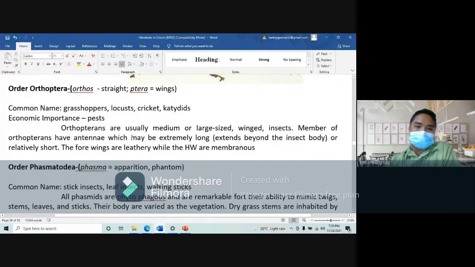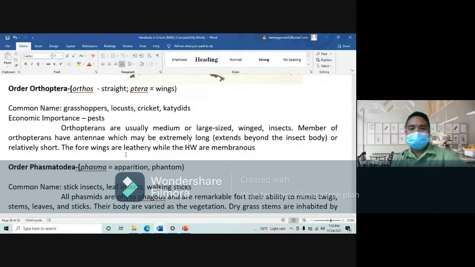Okay. Orthopterans are usually medium or large sized winged insects. Members of orthopterans have antennae, okay, which may be extremely long, extending beyond the insect's body, or the other also is relatively short.